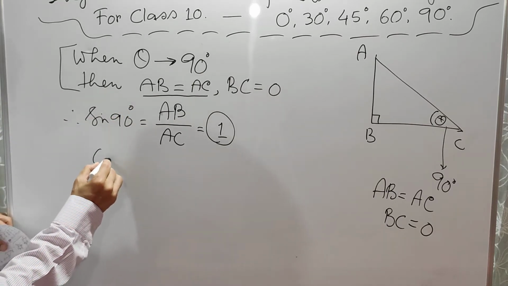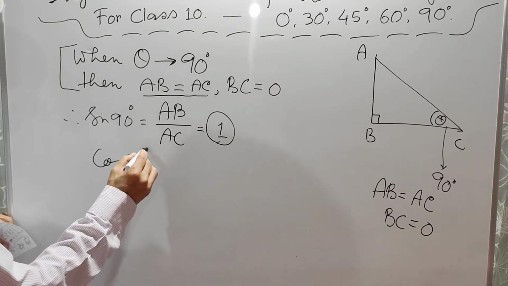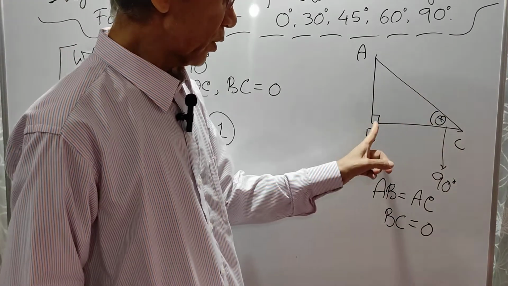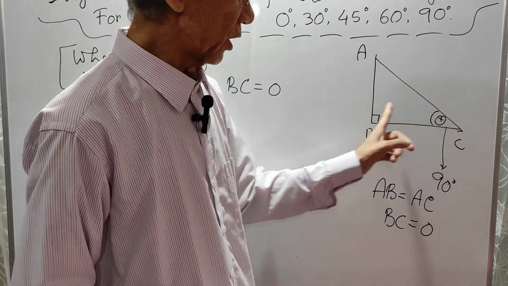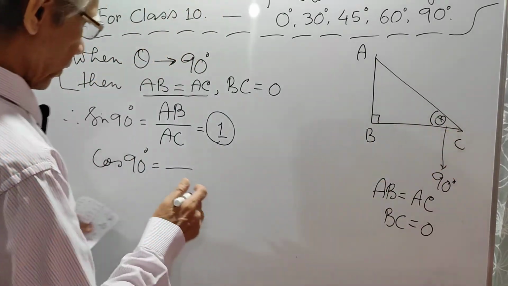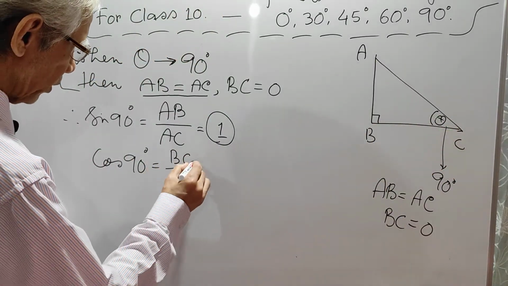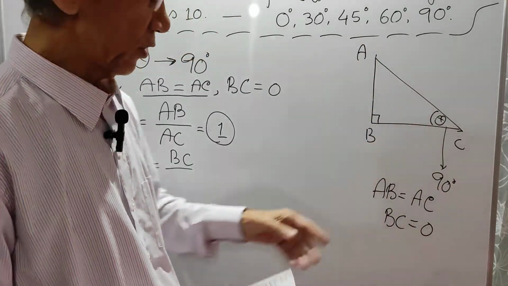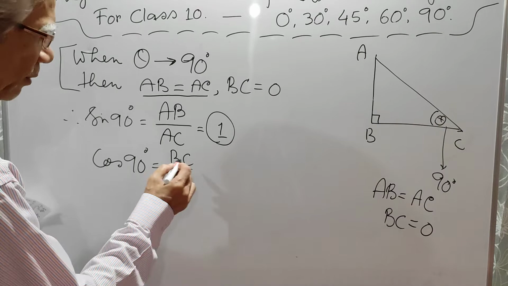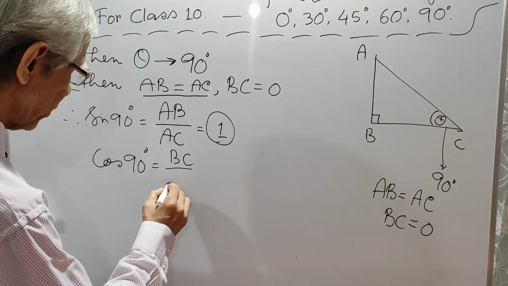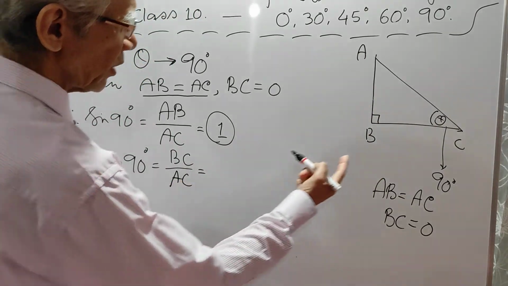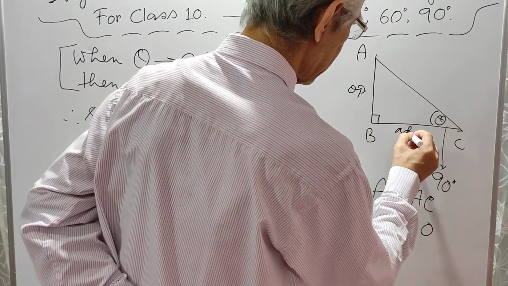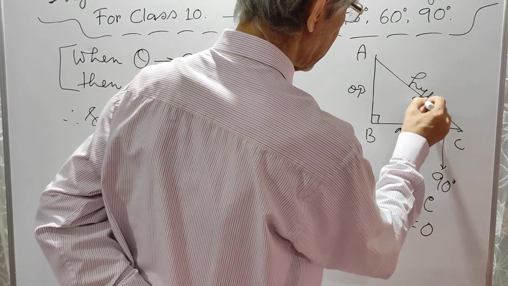Now come to cos 90 degrees. What is cos? Adjacent by hypotenuse, so BC by AC. As I told you, those relations, adjacent, hypotenuse and all, do not change. This is opposite, this is adjacent, and this is hypotenuse, isn't it?